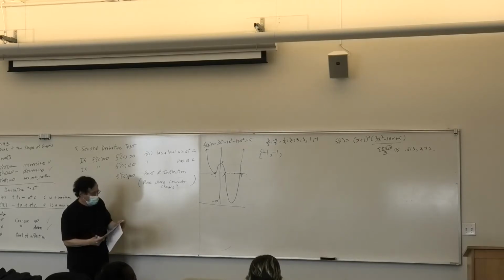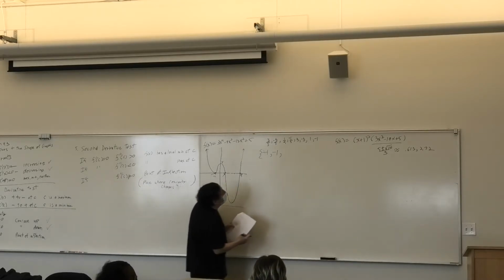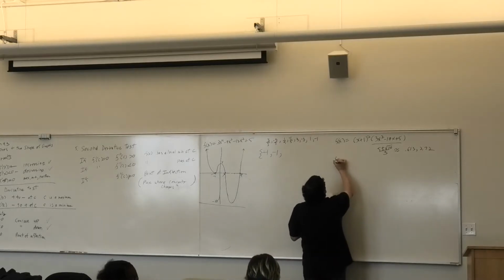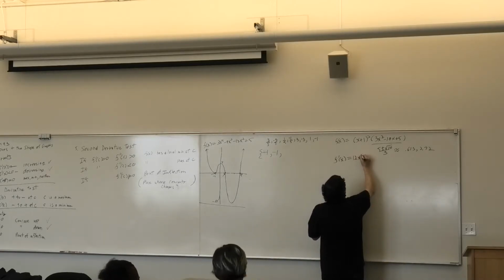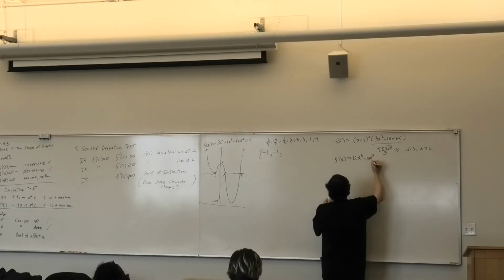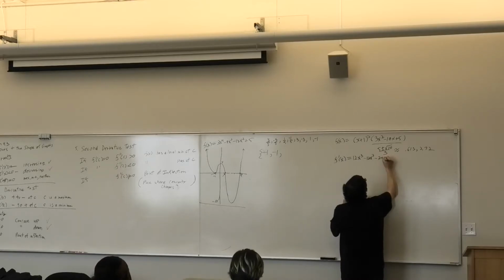Next we want to look at the derivative. So the derivative of this function, we really only need the power rule, right? So it's 12x cubed minus 12x squared minus 24x.